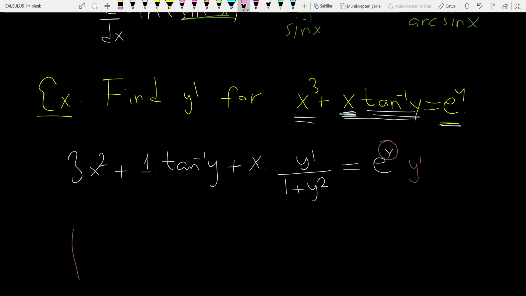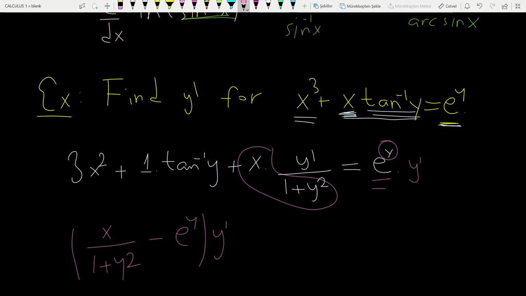I mean that we have x over 1 plus y squared from here as the coefficient of y prime, and we have minus exponential of y in the parentheses of y prime, and I substitute the equality tangent inverse y.